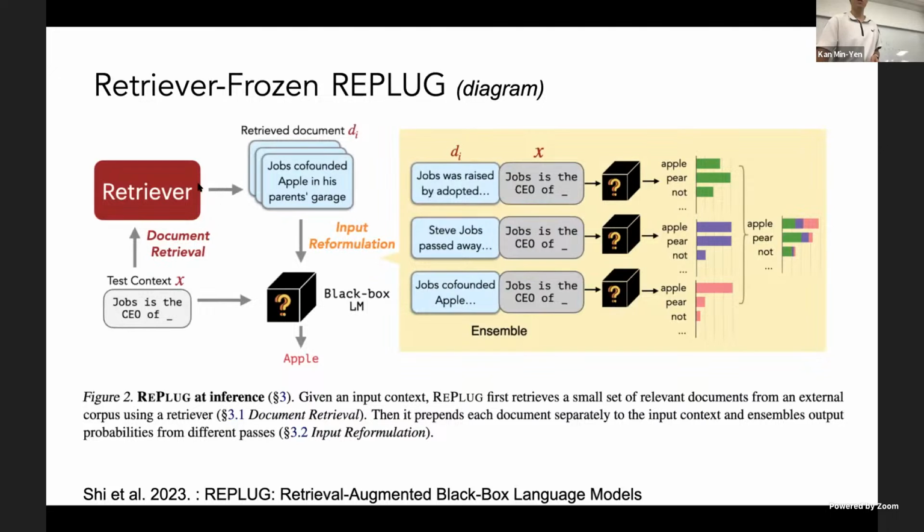Then, like the method I mentioned in the previous work, it will concatenate the different documents D separately, independently, one by one to X, and send them together into the black box LM, and then they can get the next word's probability. In this case, it directly adds them with some weight. The weight is the similarity between the documents and the inputs.